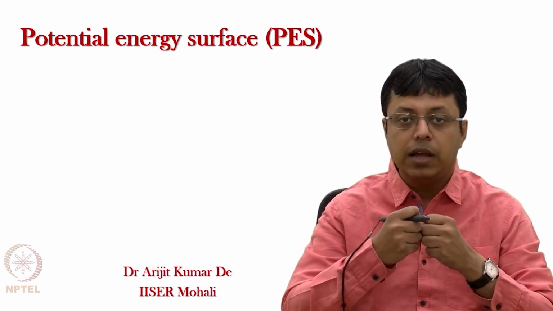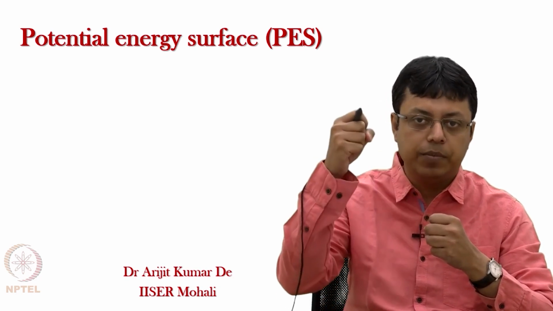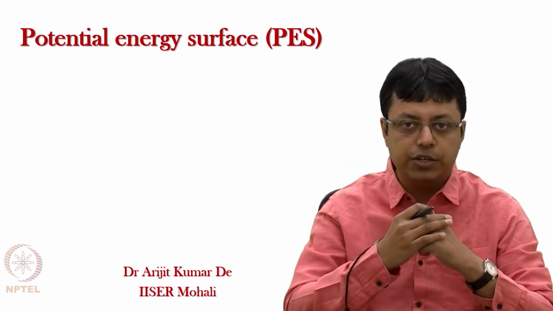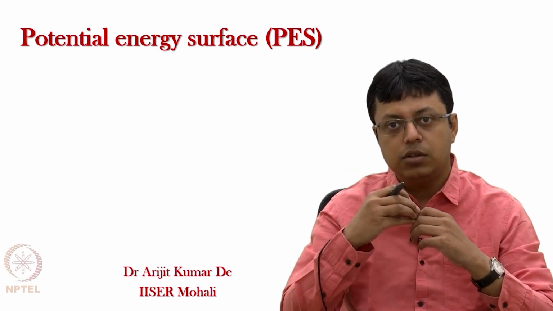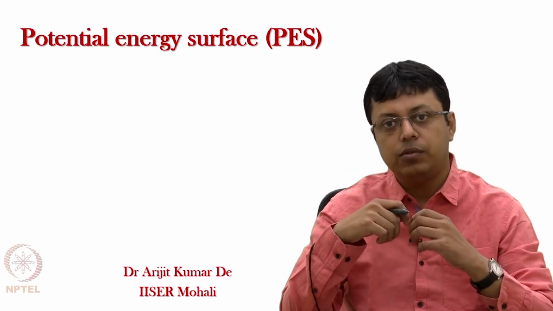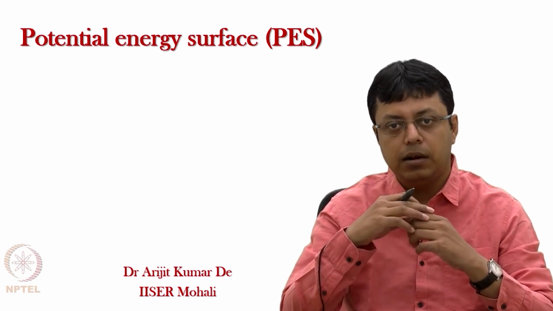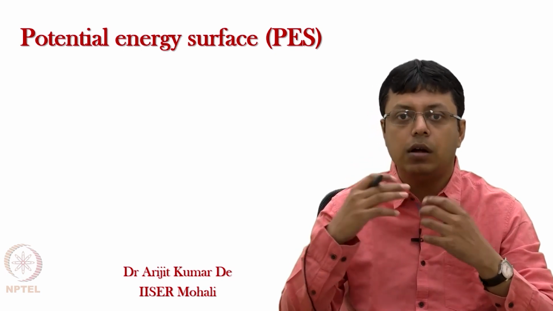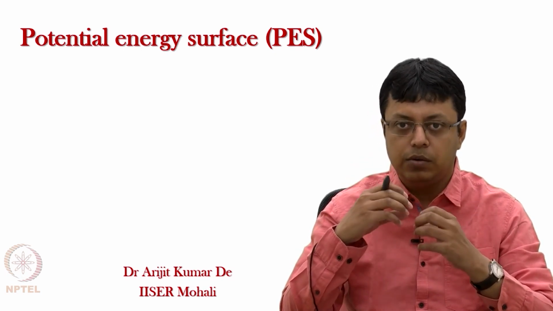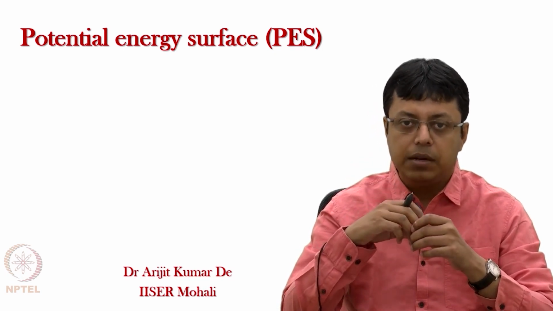We know that every reaction has an activation barrier, so you have to cross a certain amount of energy, and then you introduce the concept that you have to cross this energy barrier in order for the reaction to happen.